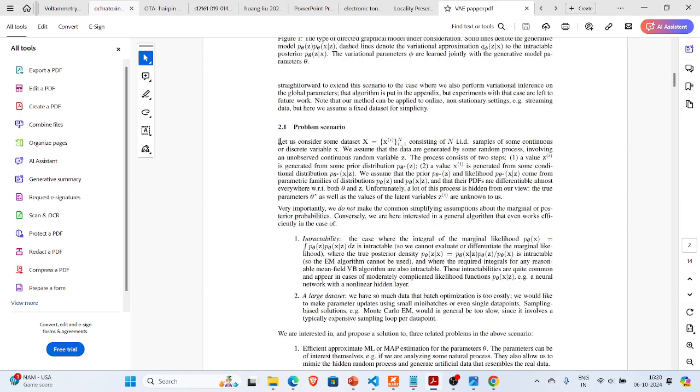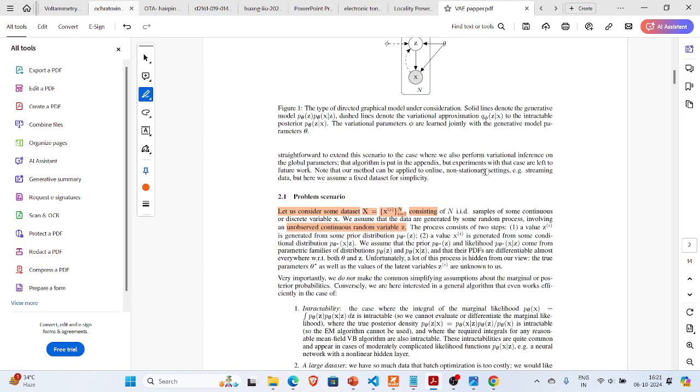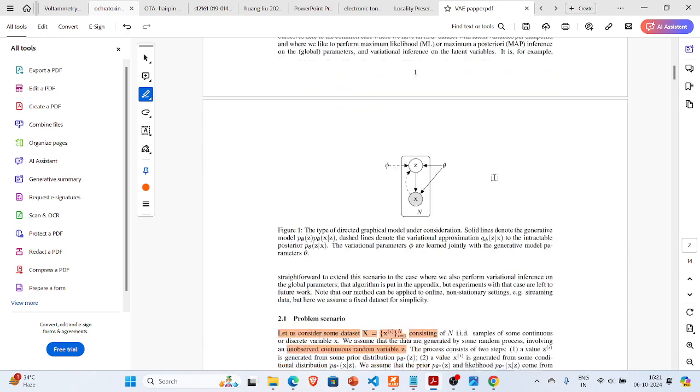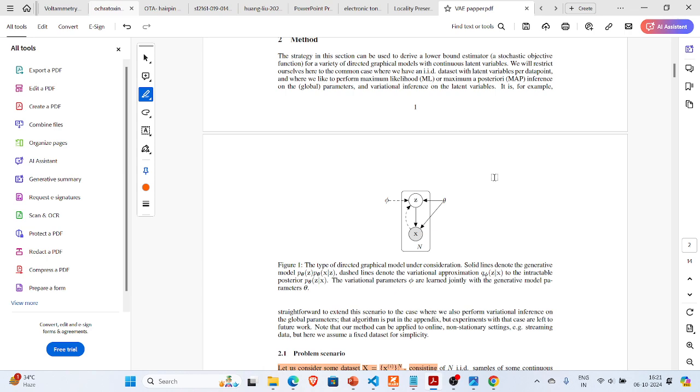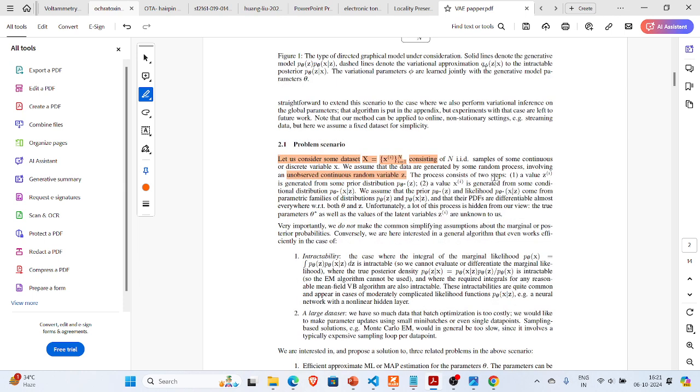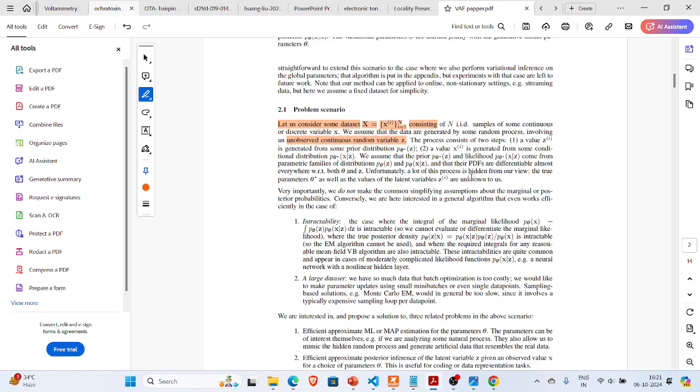In this we are given a data set of n data points x_i, which are i.i.d. samples. They are taking a continuous random variable z, the latent variable, as they say. How are you generating the value of z?